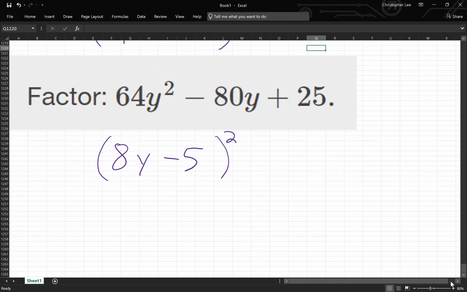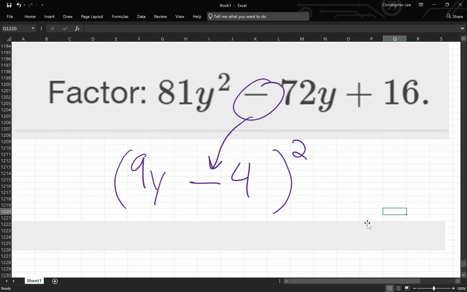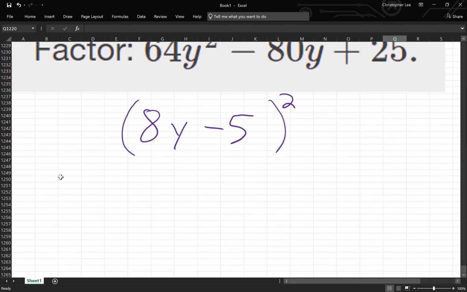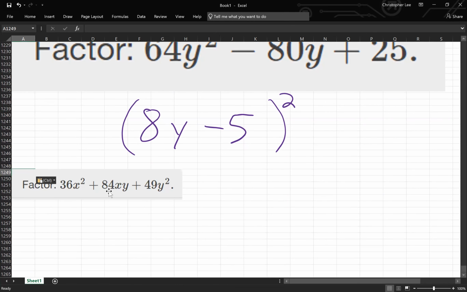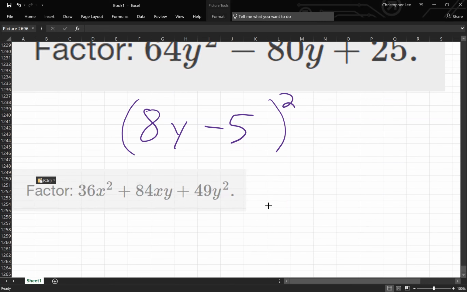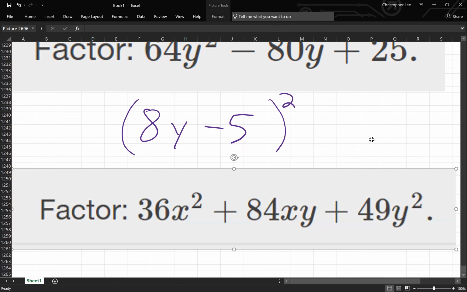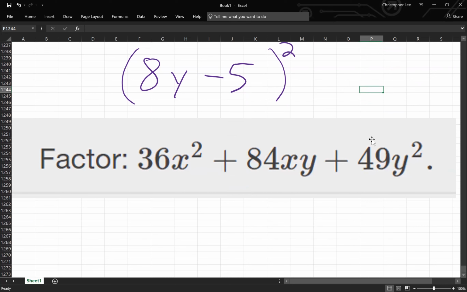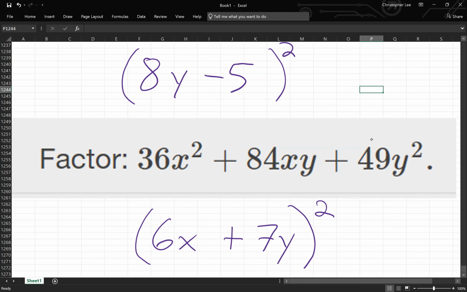But just to make me feel good, just so I can sleep tonight, how do I do this? What's the answer? I'll give you a hint. 7y. Good. That's it.